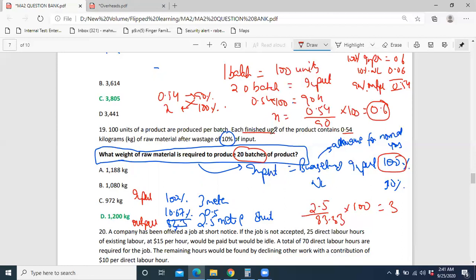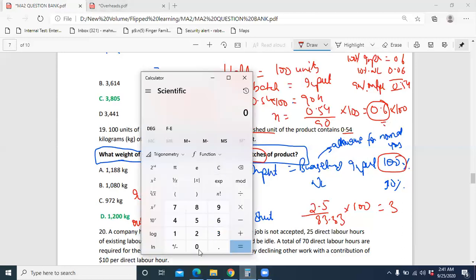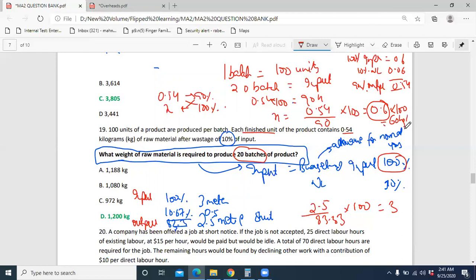If one unit takes 0.6, so one batch that contains 100 units would actually require how much input quantity? 0.6 into 100. That's what is required. 60 kg is required per batch of 100 units. But here you are required to calculate the quantity required, the input quantity, the 100% figure, required to produce 20 batches.